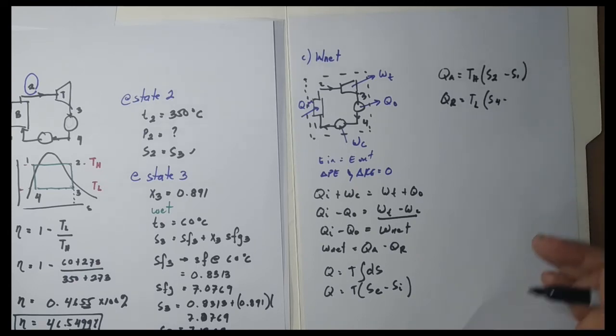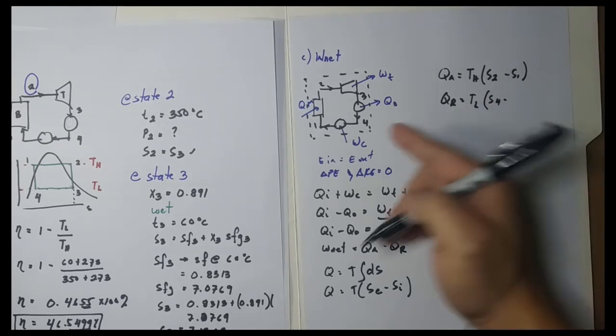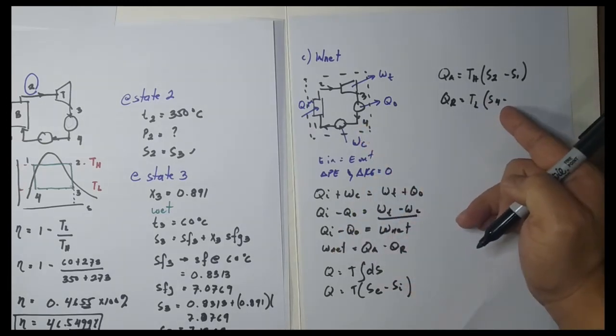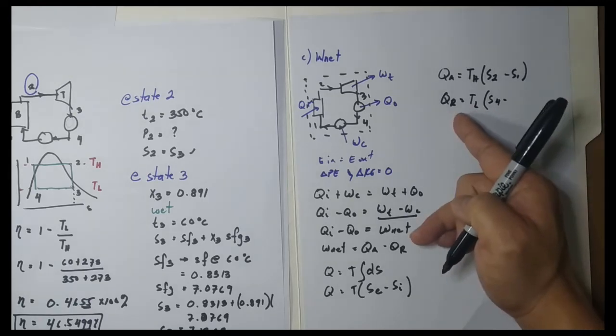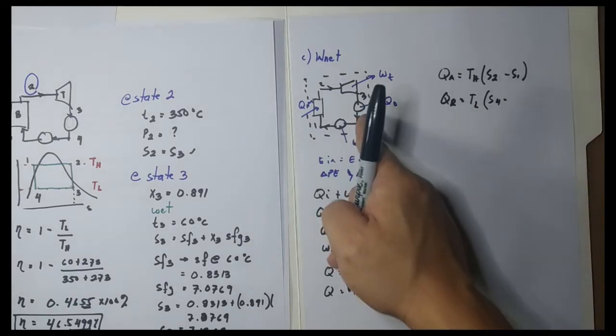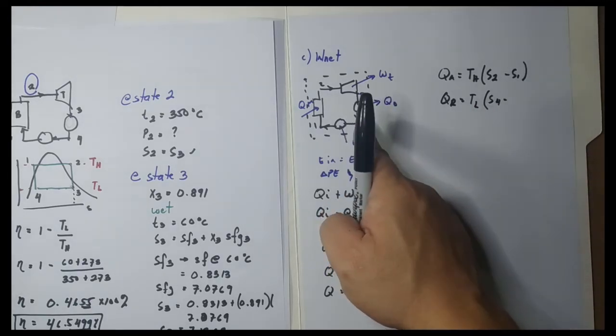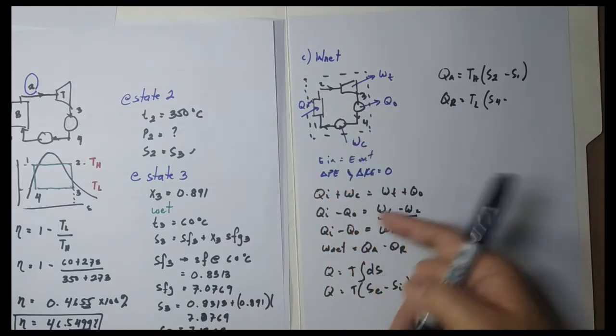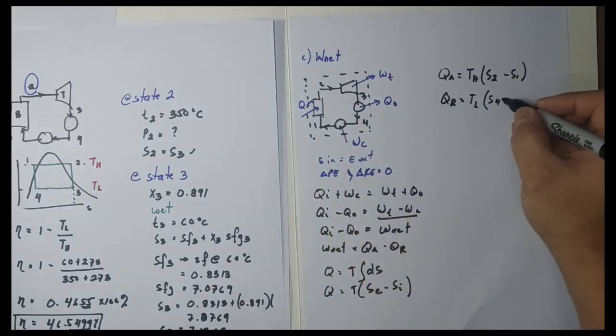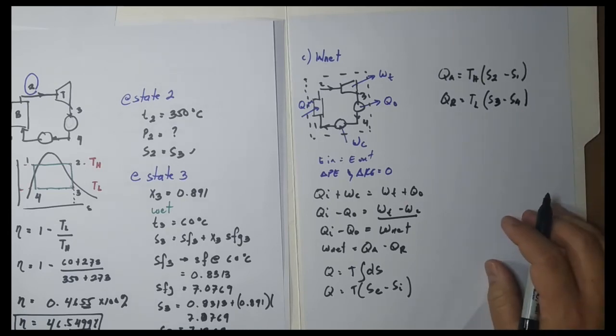minus, saglit lang, baka magkamali. Okay. Dito, dapat S4 minus S3. Kaya lang magne-negative siya. Tinake into account naman na natin yung negative sign dito. Kaya gawin na lang nating positive. Kaya magiging S3 minus S4. Okay?